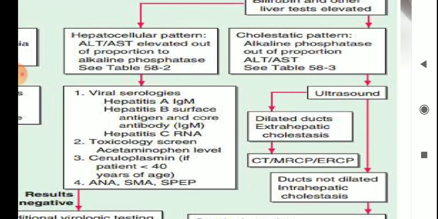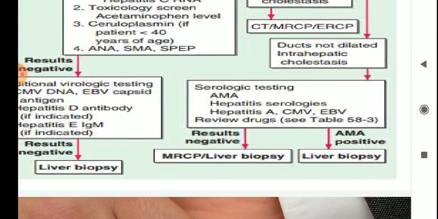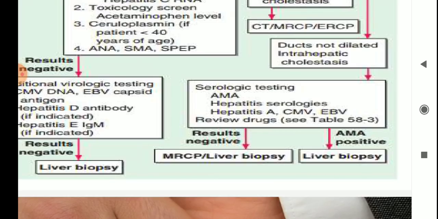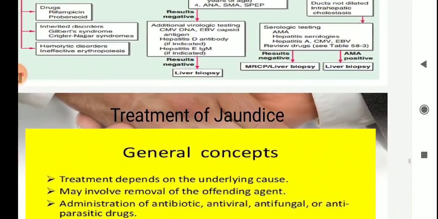All these assays, even the anti-nuclear antibody, anti-smooth muscle antibody, the immunological study, the antibody assays for any cases of autoimmune disease association. So all this is a flowchart, the algorithm for diagnosis in cases of jaundiced patients. The liver biopsy and MRCP are the last resorts.